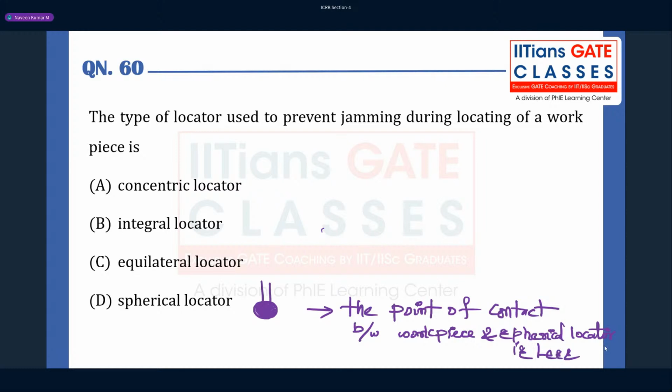That is the reason why, as the contact is less, how will jamming happen? Jamming will not happen at all. This is the answer straight away.